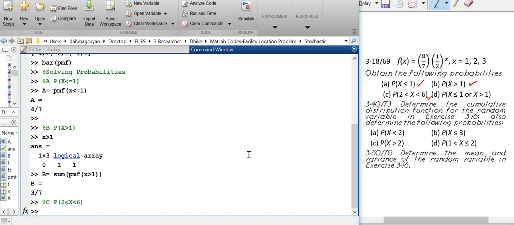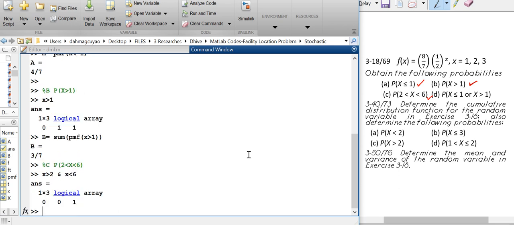If we check that x is greater than 2 and at the same time x is less than 6, it would be the last one.